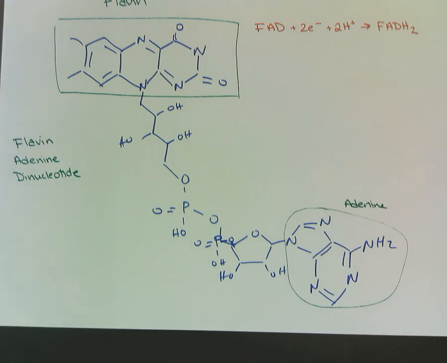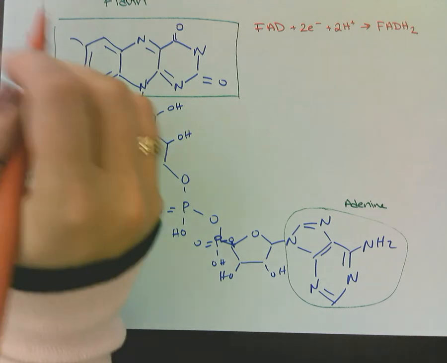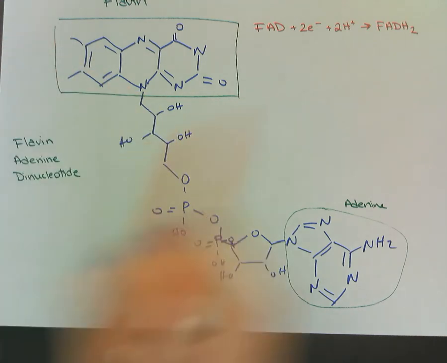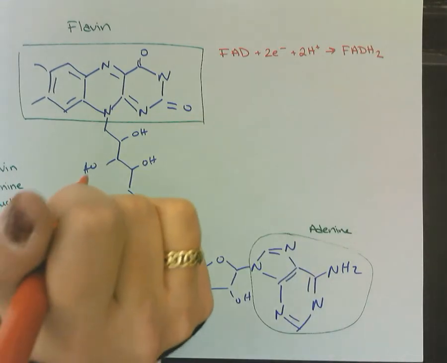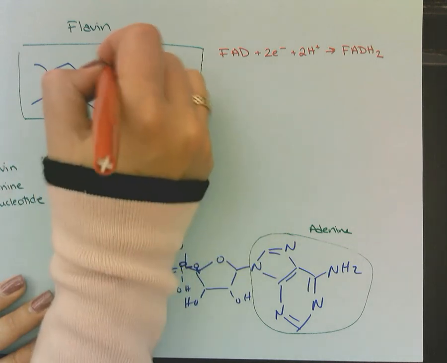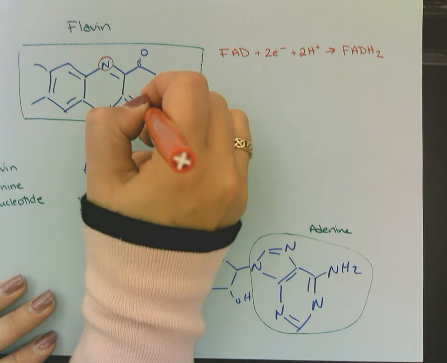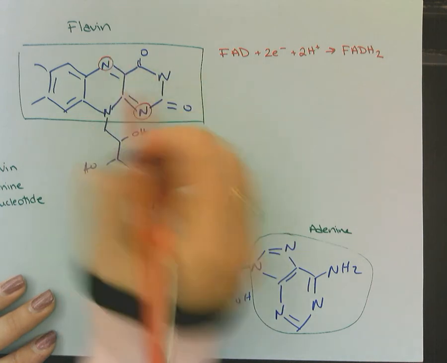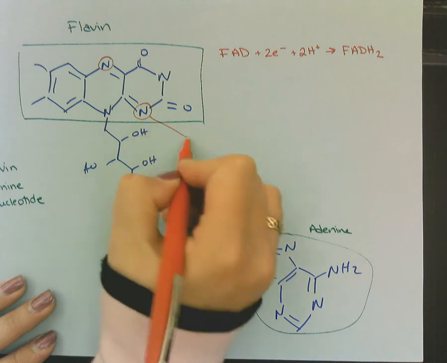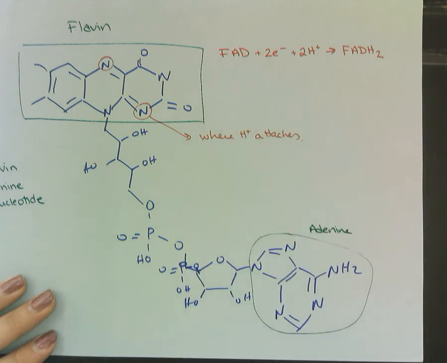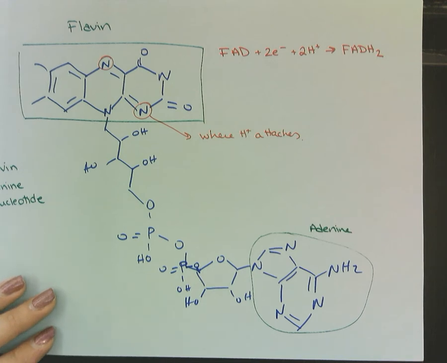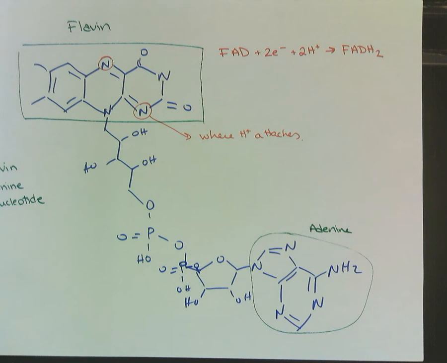Let's see what else. The two protons we have to accept in order to become FADH2 are attached to this nitrogen and this nitrogen. All right.